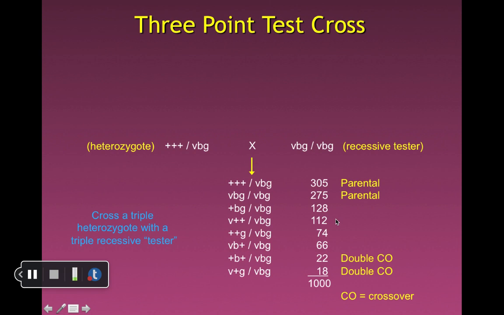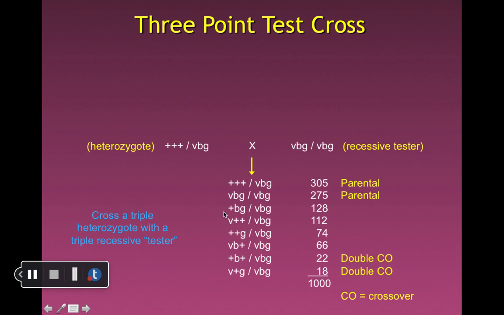So now that we know our sequence, VBG, we have to identify which of these represent crossovers between the V and the B alleles, and which represent crossovers between the B and the G alleles. Again, you could use the same logic.